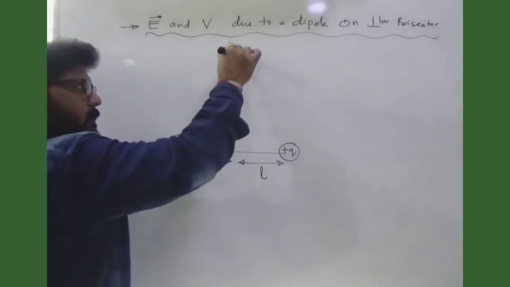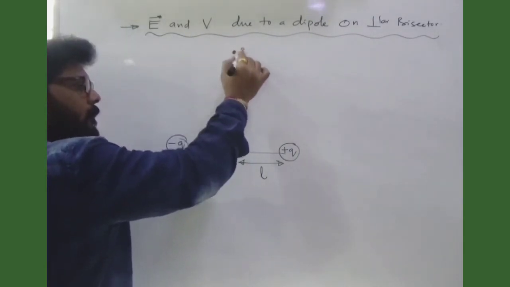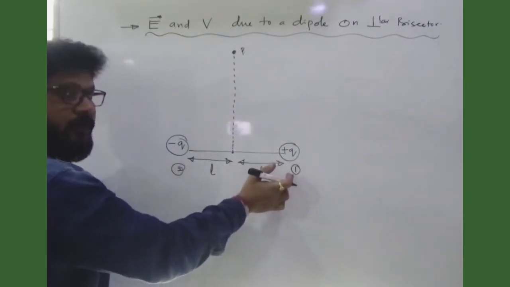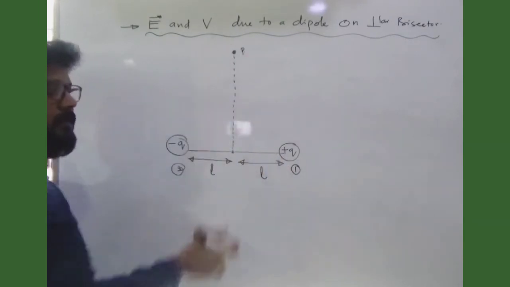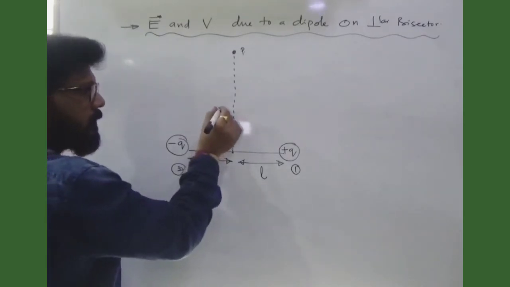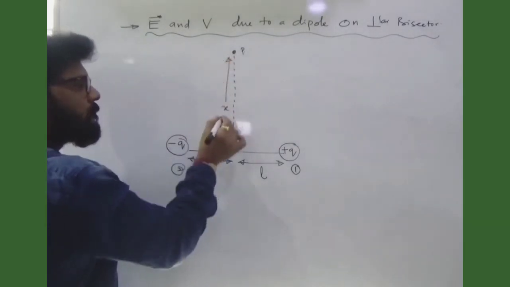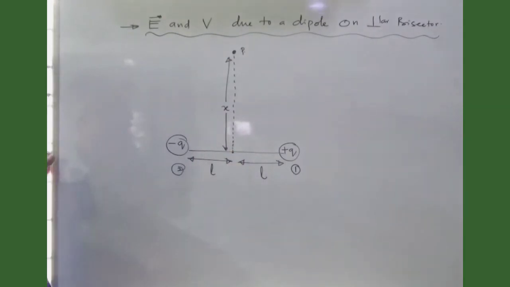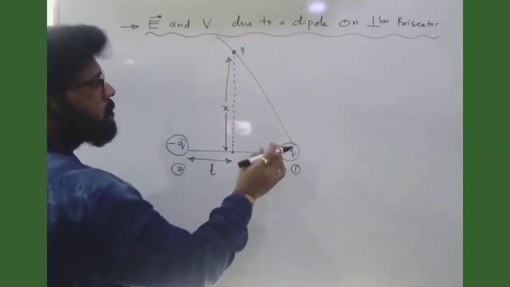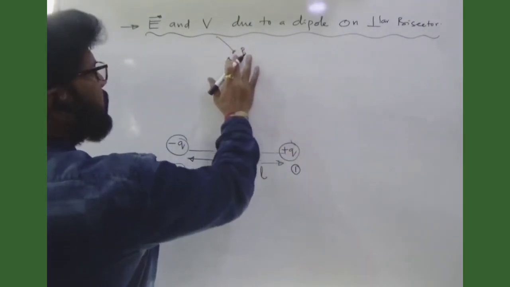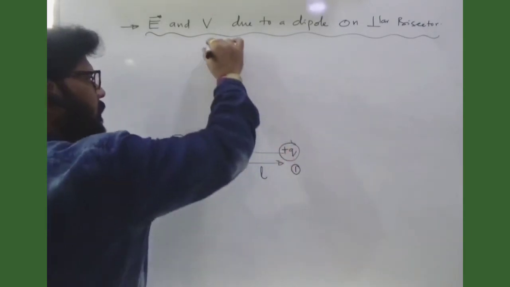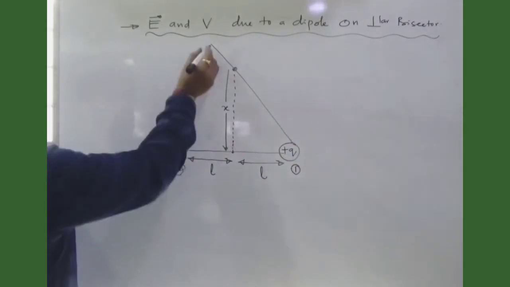Now at this particular point P, the electric field due to the first charge I'll call E1, and due to the second I'll call E2. Electric field due to the first charge at point P is towards or away? Let me take this distance as X. It is away from the positive charge.